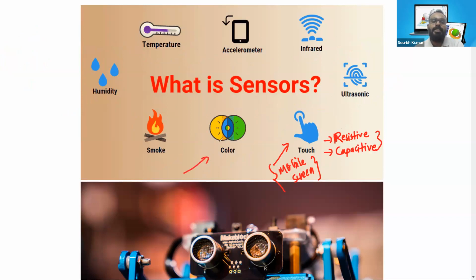Color sensor is used to identify the different colors present in front of the robotic structure. And why do we need color sensors? Because in many industries there are boxes with different color coding.